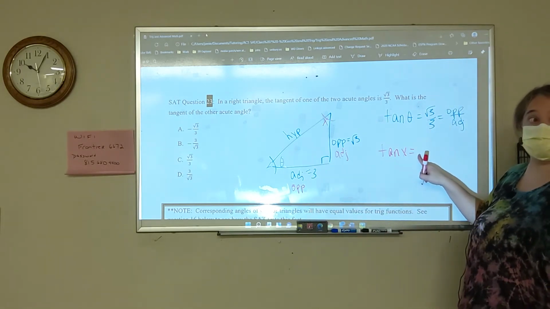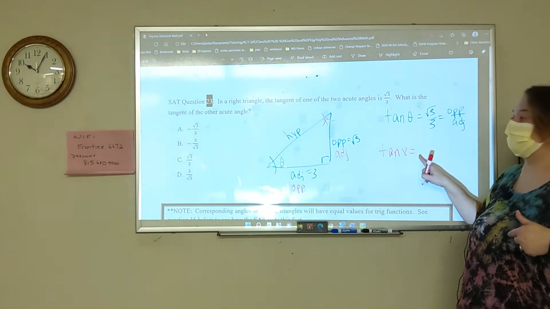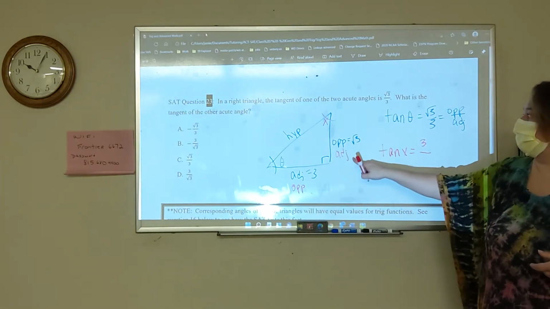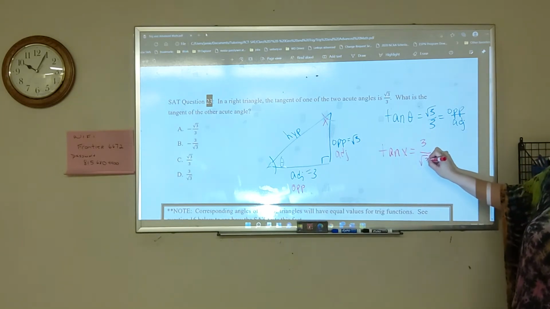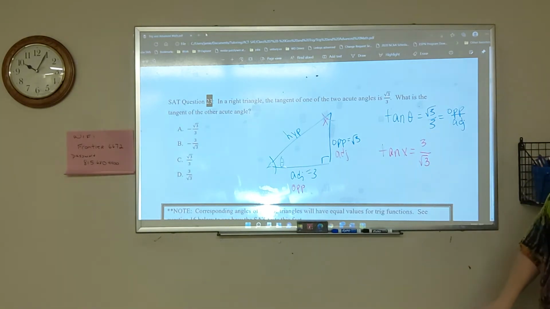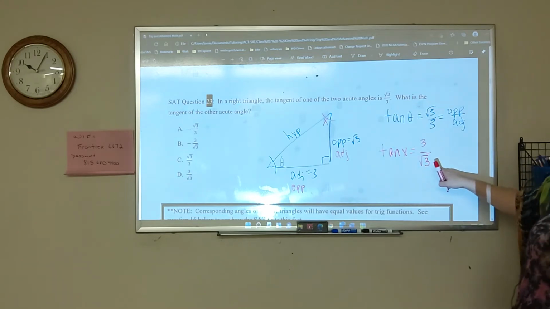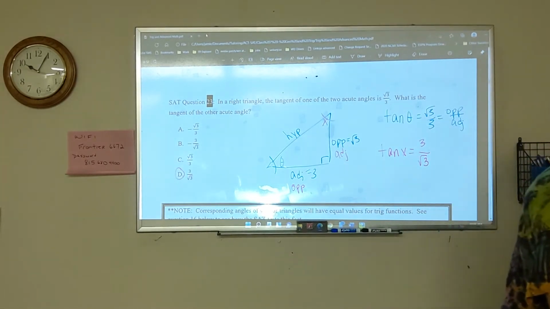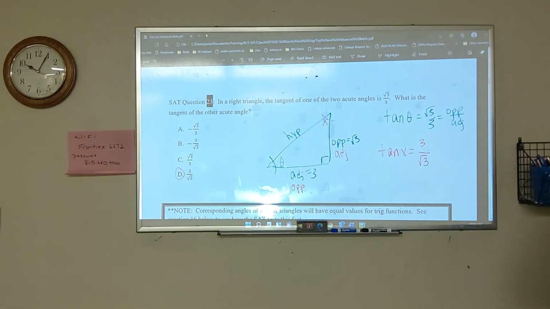But tangent is still opposite over adjacent. So my opposite is 3, and my adjacent for this angle is root 3. So the tangent of x, the tangent of my other acute angle, is 3 over root 3, which they didn't rationalize for whatever unknown reason, so that's D.